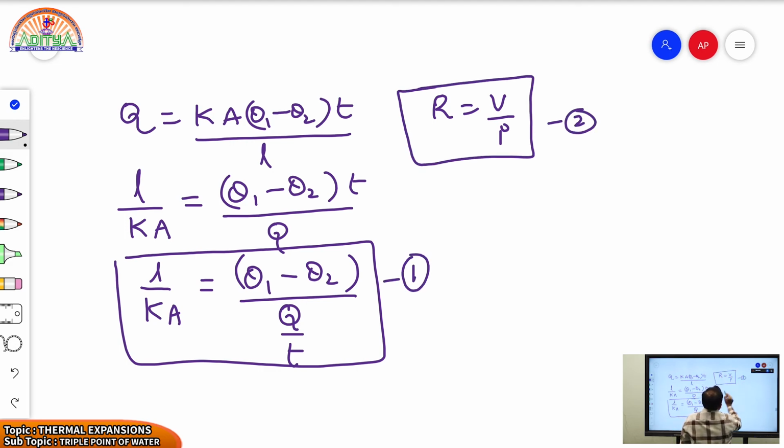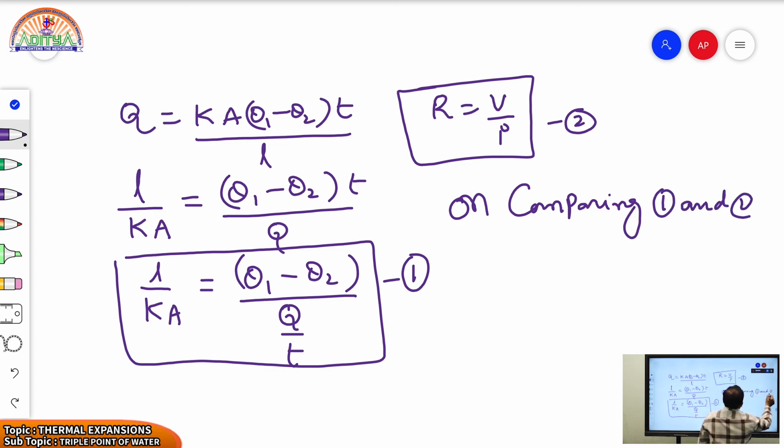This is equation number 2. On comparing equation 1 and equation 2, simply we can write L by K A is equal to R, which is called the thermal resistance.